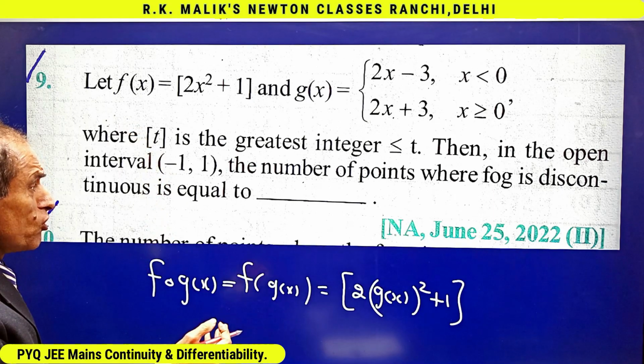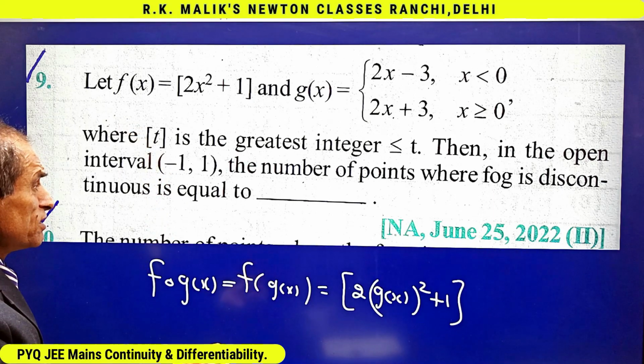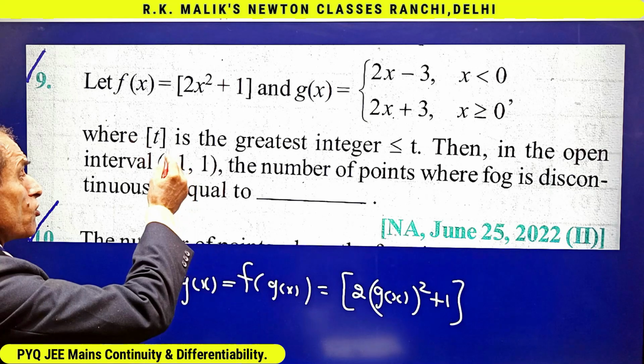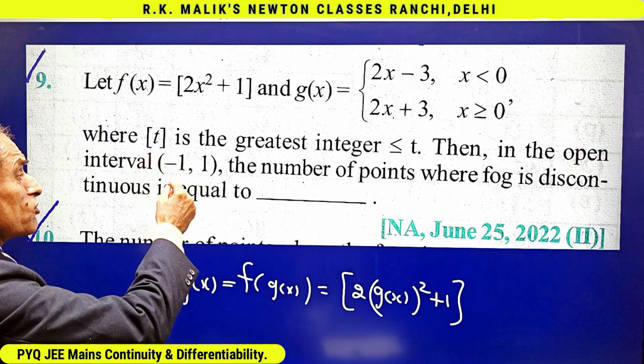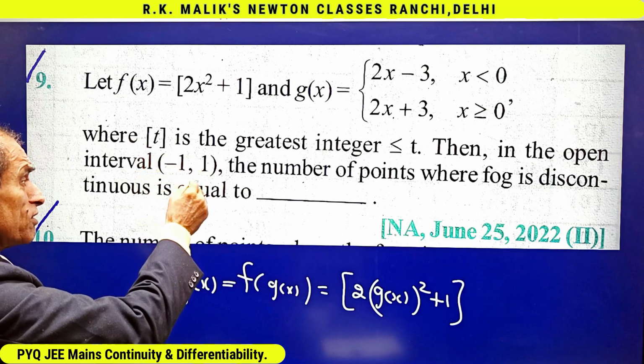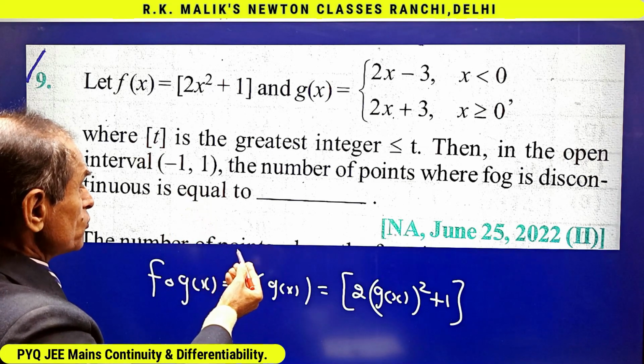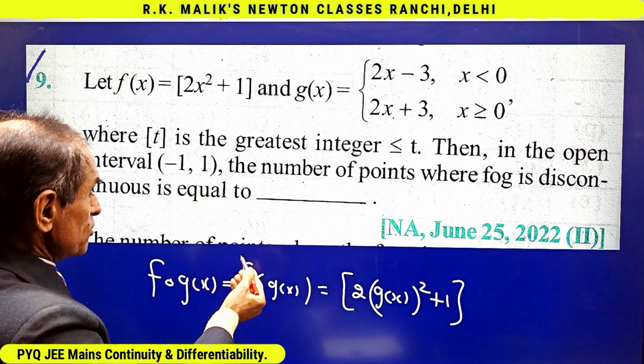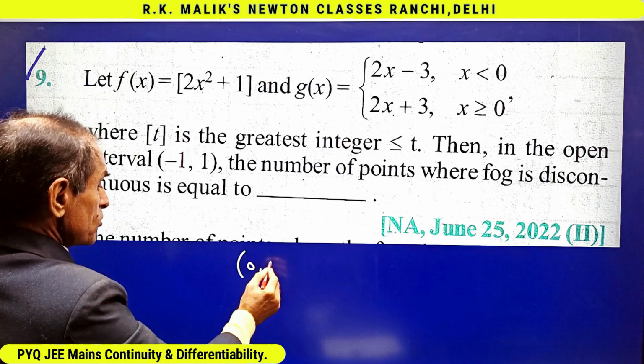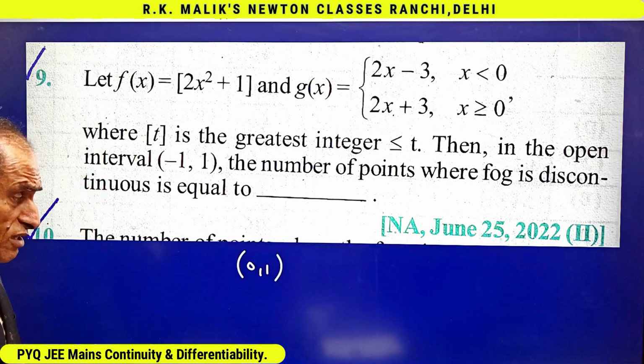Therefore, keeping the concept of even function in mind, we will not have to discuss the points of discontinuity in the whole interval. It will be sufficient to discuss the points of discontinuity in the interval 0 to 1 only. x equal 0 will be discussed separately.